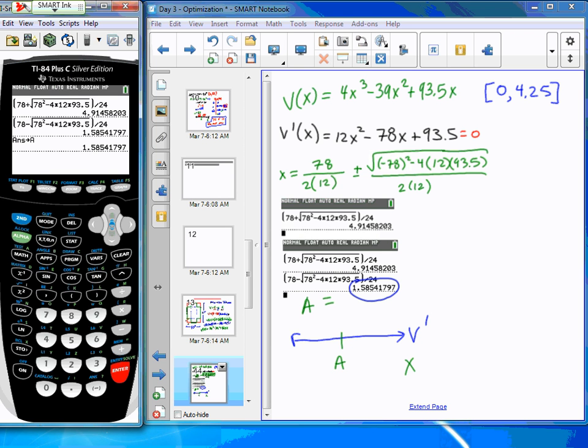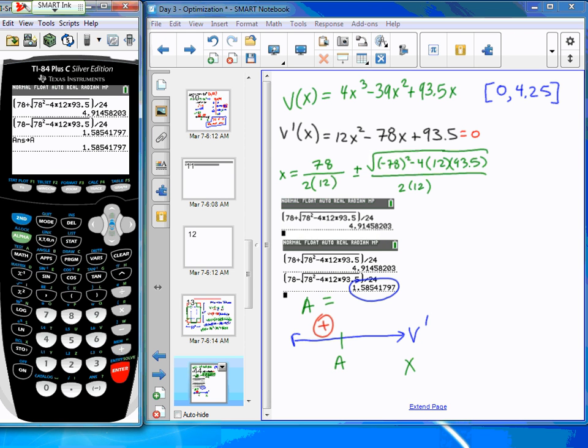So let's choose an x value to the left of 1.585. I'm going to pick 1. So if I do 1, I get 12 minus 78, which would be negative 66, plus 93 is going to be positive. So I'm getting positive v prime values to the left of 1.585.